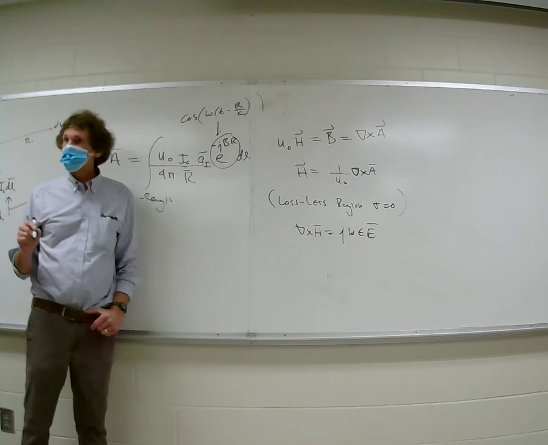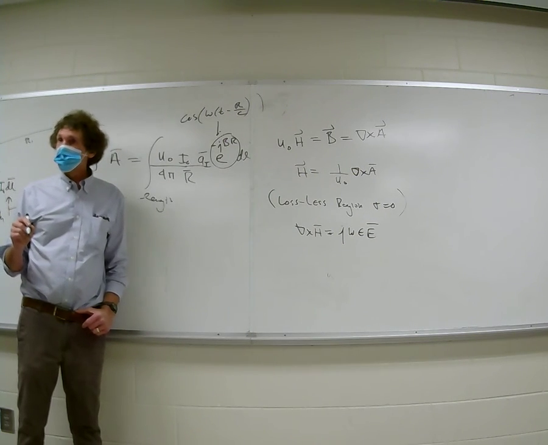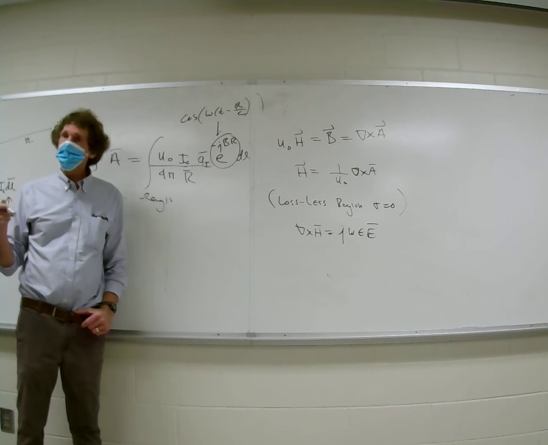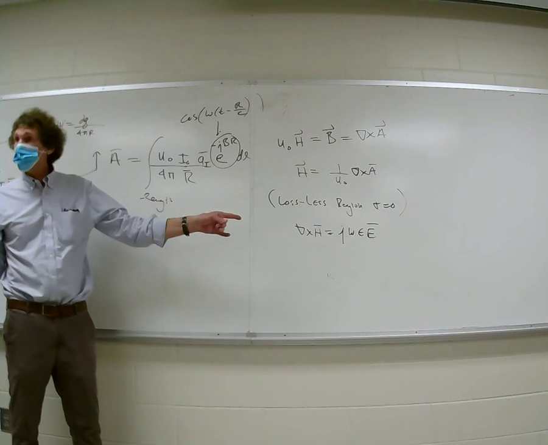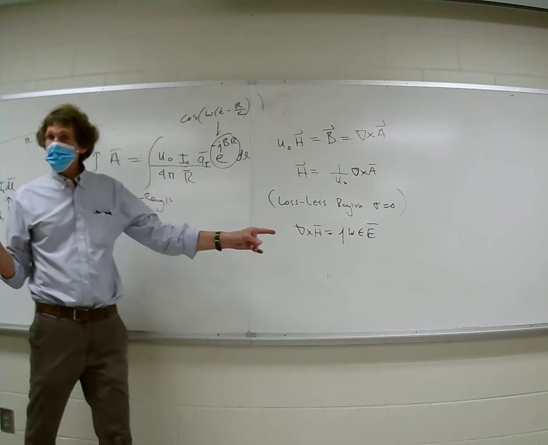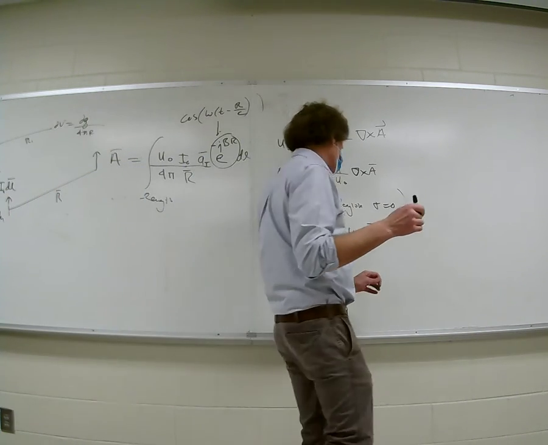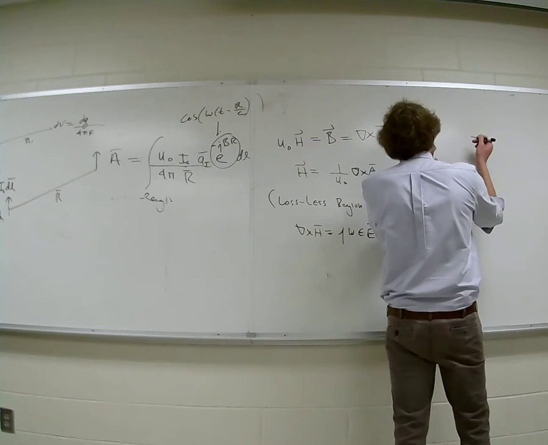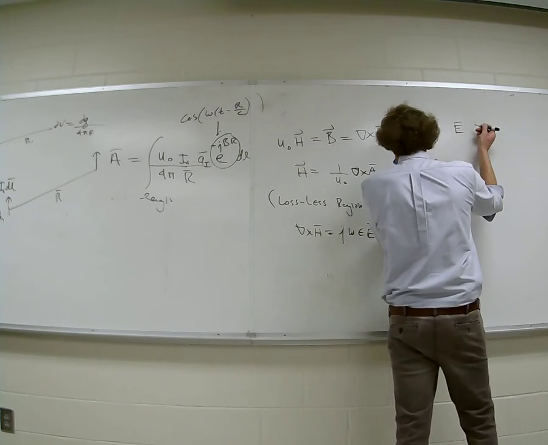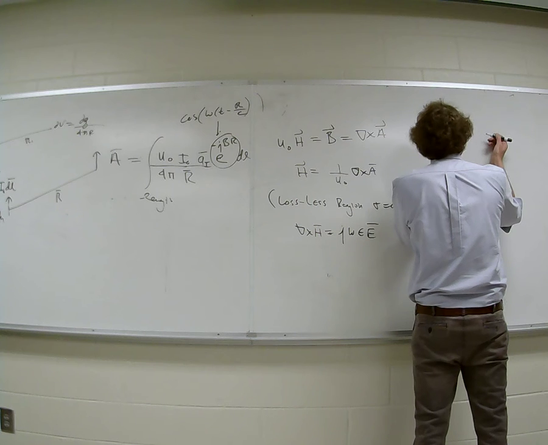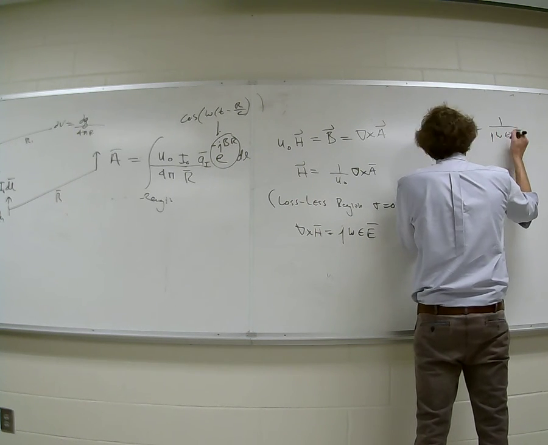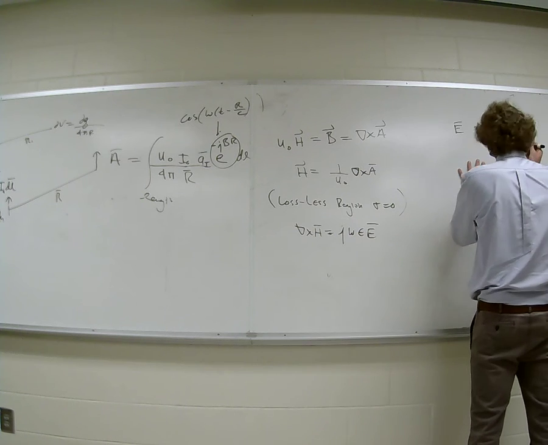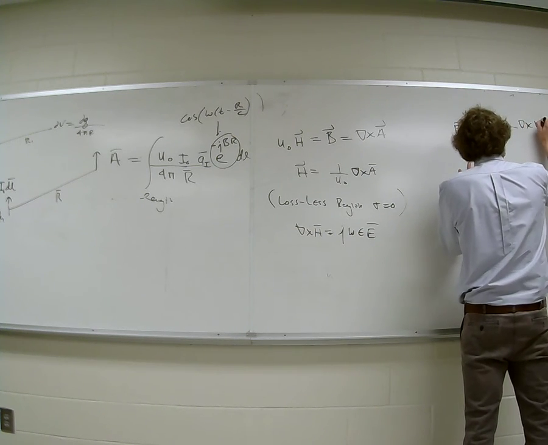Are you with me? Just watch. It's more important that you see. What am I really after? I'm after E, right? I've made no gross assumptions that we're in the far field yet or anything. So now I can say that E from that equation is going to be equal to 1 over j omega epsilon, times the curl of H.